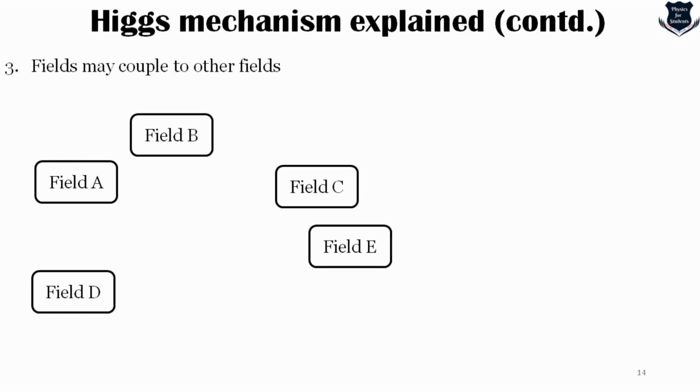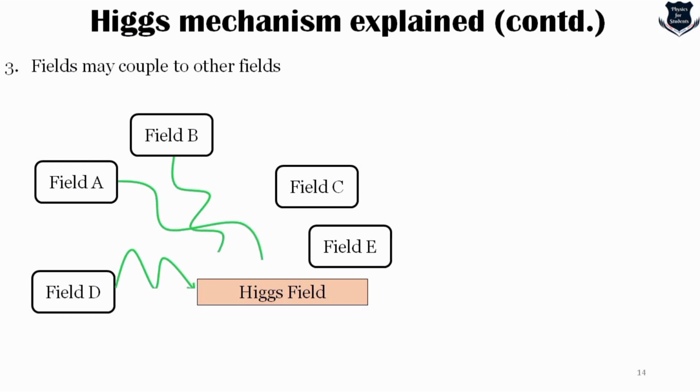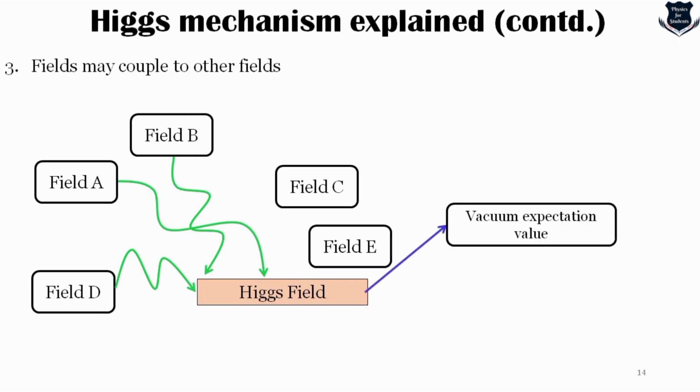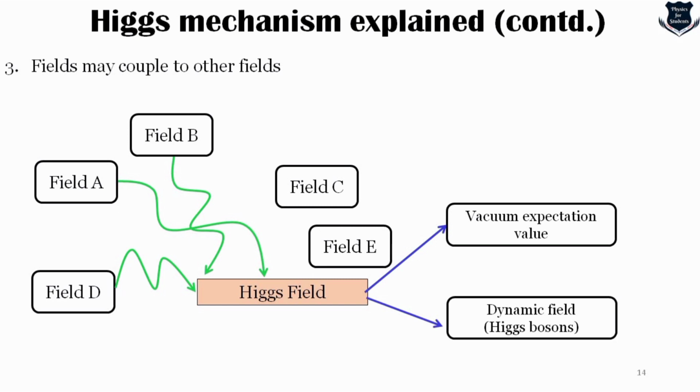Here on your screen, this is the Higgs field, and these green lines show the interaction of fields A, B and D with the Higgs field, because some part of the field does interact with the Higgs field, which gives rise to two parts. The first one remains what is called a vacuum expectation field, which we are going to explain. And the second one is called the dynamic field of the Higgs boson.